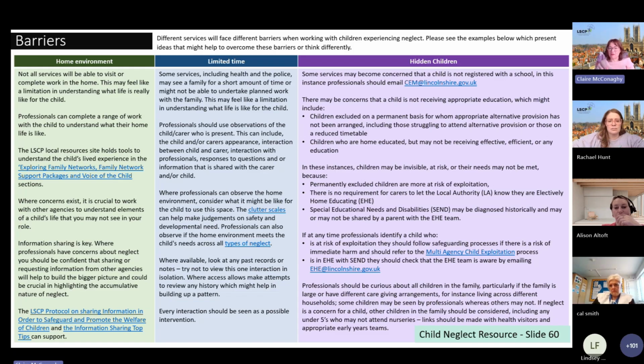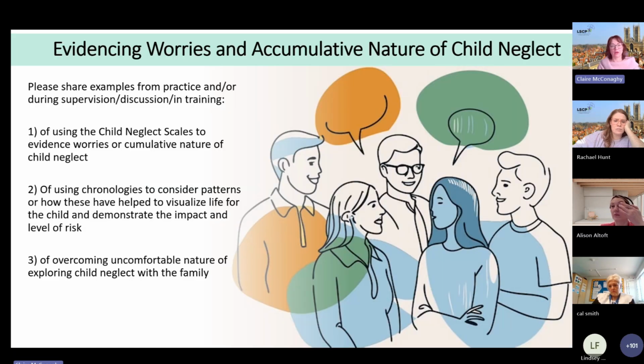Sometimes there's a challenge or a perceived barrier around not seeing that child in the home, and it's just an example of how we can get that picture, build the puzzle pieces together, and look at the whole picture by using other services and our questions and our curiosity about the whole experience of that child. So really reaching beyond the barriers of our own services potentially sometimes as well.